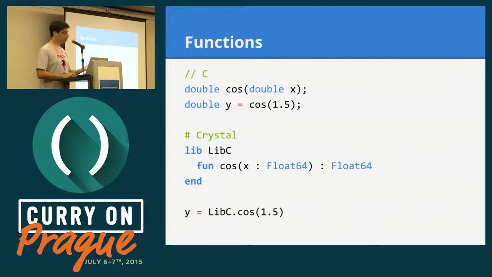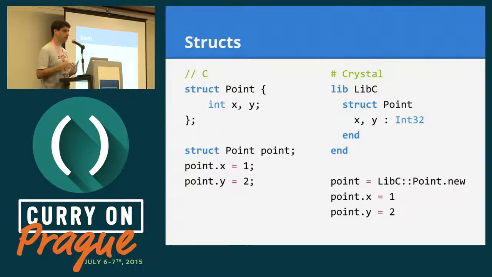So, for example, we use the lib block. To declare external functions, of course, you have to annotate the types of all those functions, and then you can just invoke those functions directly in your Crystal code. We can also declare C structures and allocate them and pass pointers to the external functions.